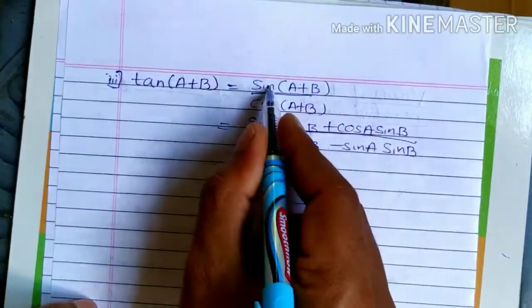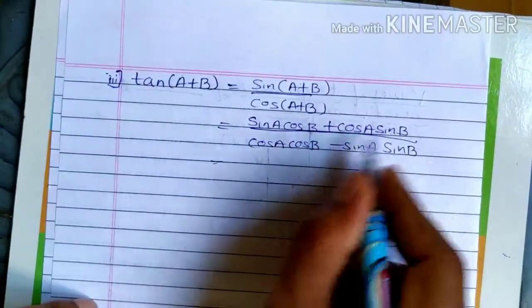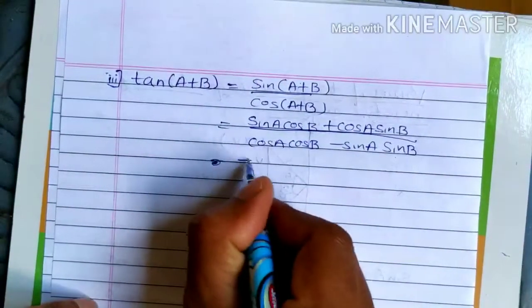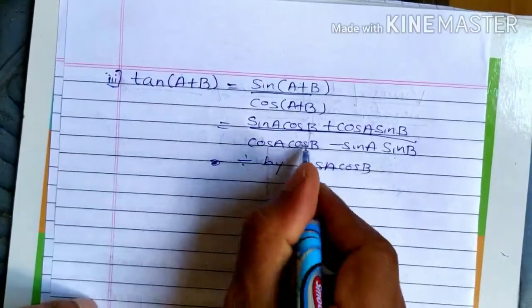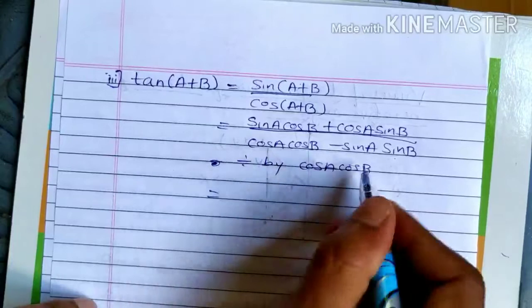We have proved these two results. That only you have to write here. Now the next step, dividing by cos A cos B. This term you have to remember, because we will get that result.